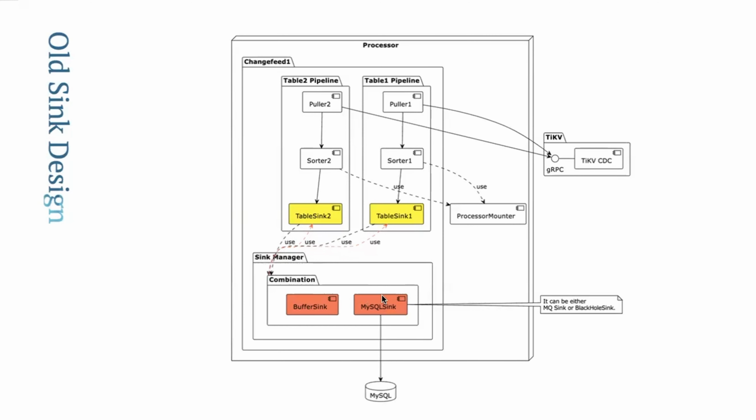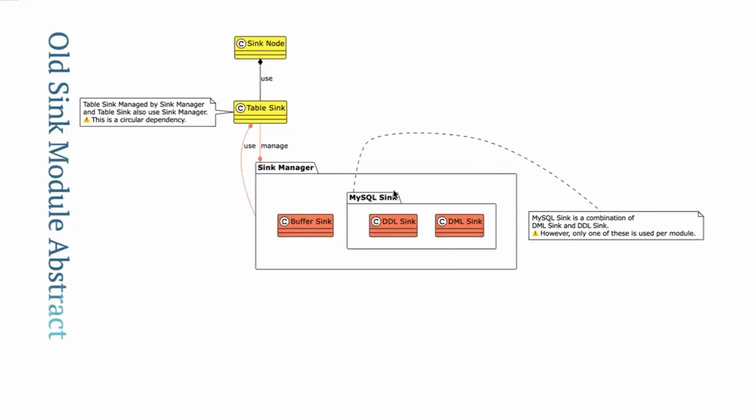Now let's take a closer look at the MySQL sync. When we zoom in on the MySQL sync, we can see it's a combination of a DML sync and a DDL sync. However, every time we want to use a MySQL sync, we actually only use a part of it.